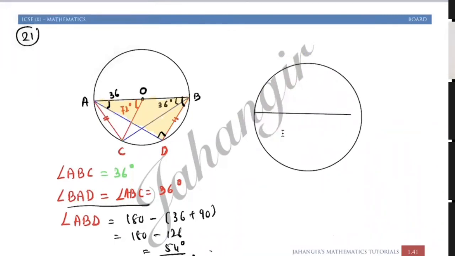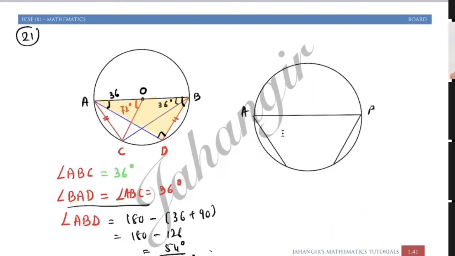Here in the question they had given AB as a diameter, and one chord as BD, another chord as AC.